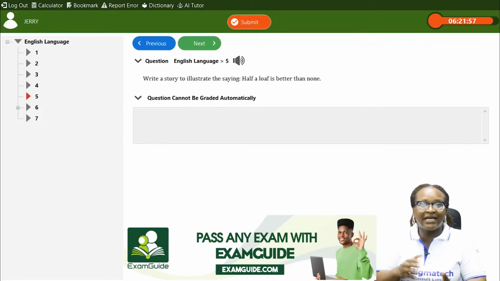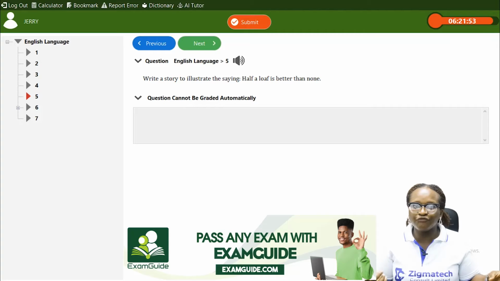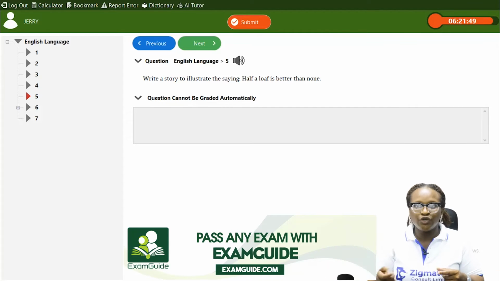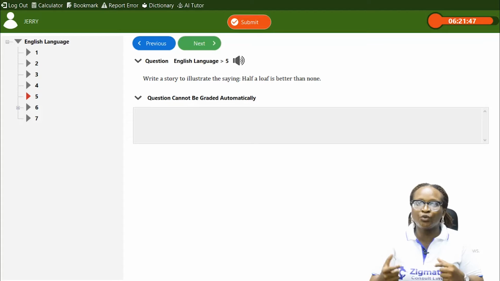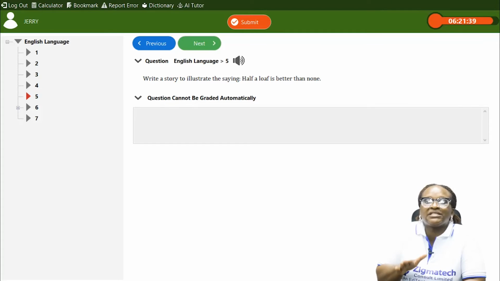If you don't have these at your fingertips, you will start racking your brain, or browsing your phone to check which idiom to use, and delay yourself. Remember, you have limited time, 20 minutes if I'm not mistaken, to write 450 words. So it's best you go into what you can actually approach with ease and you get your marks.